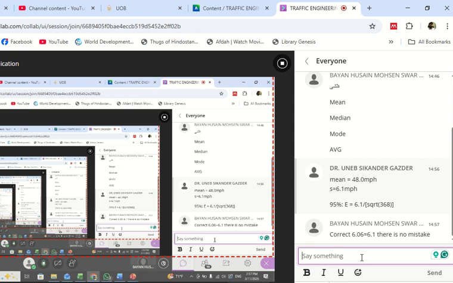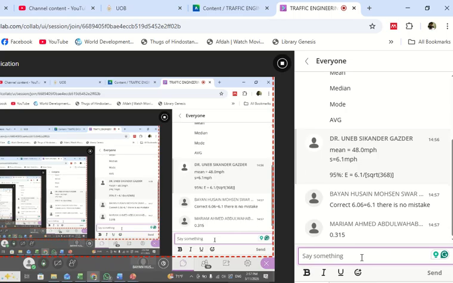Go ahead, how much is my E? Okay, 0.315. Then my 95% center of the data is the mean, which is 48.0, plus minus 1.96 into 0.315.